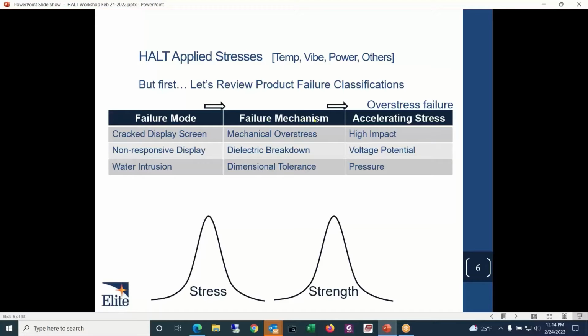And once you understand that, you can define some accelerating stress to test your product and make sure that it's compliant. So for example, let's say that you had a cell phone and you drop your cell phone from about three feet, and sometimes it cracks, sometimes it doesn't.